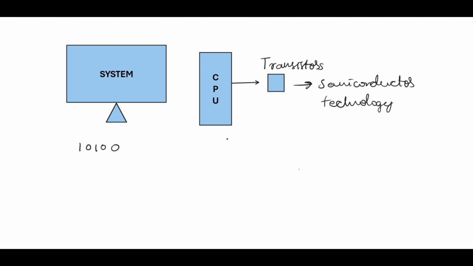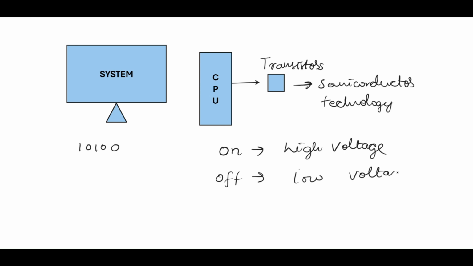They operate in two states. One is the on state, that is high voltage, and another one is the off state, that is low voltage, and these are represented by binary digits.